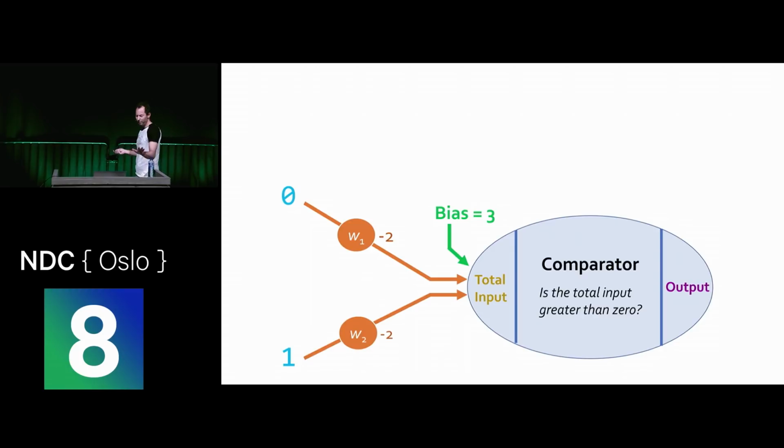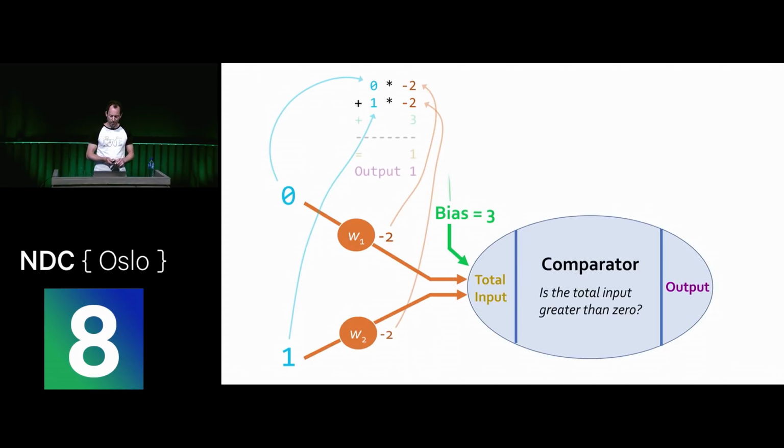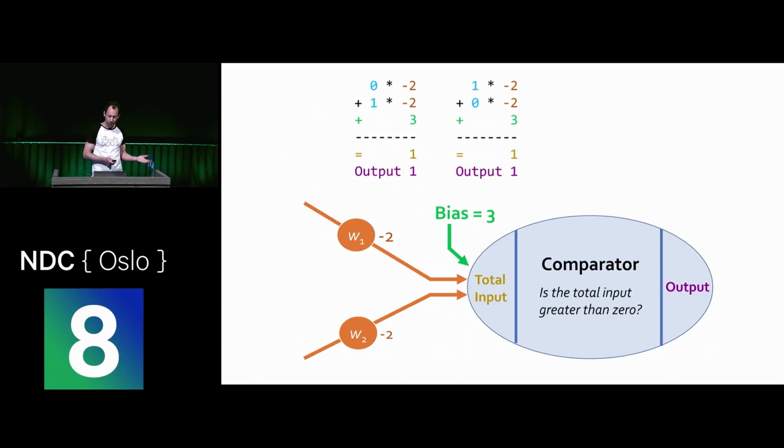So let's go through the maths with this. We multiply each of those inputs by the weights, and then we add in the bias. That gives us a total input of 1. Now, 1 is greater than 0, therefore we output a 1. Now, if we just swap those 2 numbers around, we're going to get the same result because these 2 weights are the same, right? So we could do 0, 1, or 1, 0, we're going to get the same result as before.